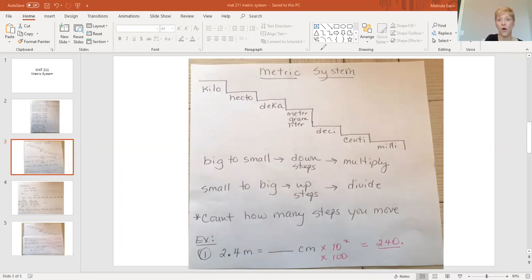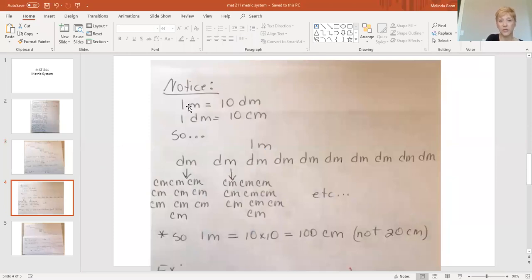All right, let me make sure we're clear about one other thing. Remember I told you that 1 meter was 10 decimeters, and then 1 decimeter is 10 centimeters. So 1 meter would be 10 decimeters, and every decimeter would have 10 centimeters in it.